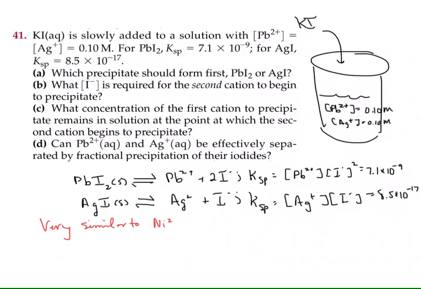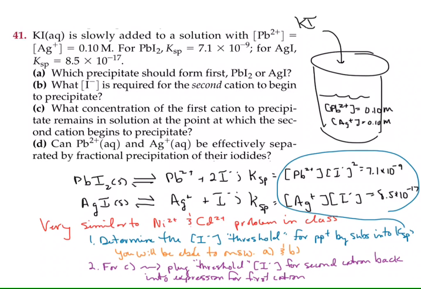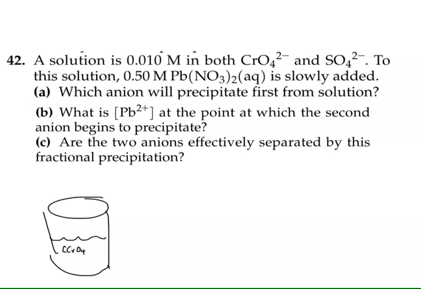That's very similar to the problem we just did. Okay, and then the last one, no, there are two more. It looks like we have the anions waiting to potentially precipitate with lead 2 that's being dripped in.